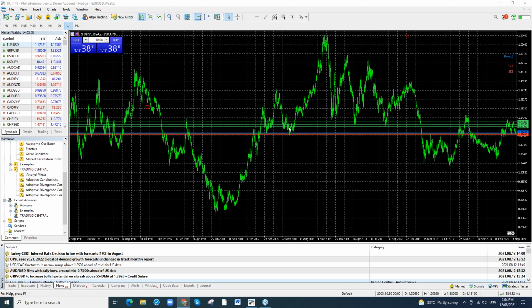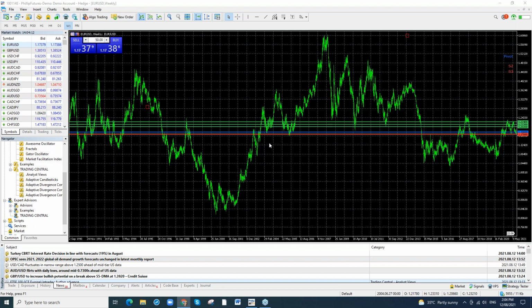First and most important, I wish all of you to know that all those tools are available for demo and live account holders. You just need to request your account manager to get access to Trading Central tools.